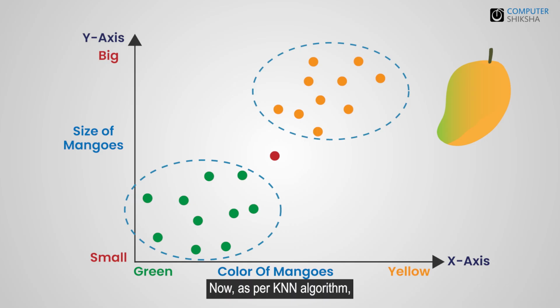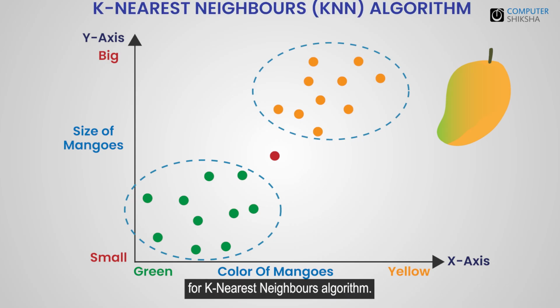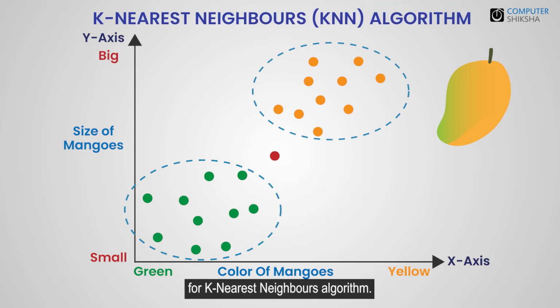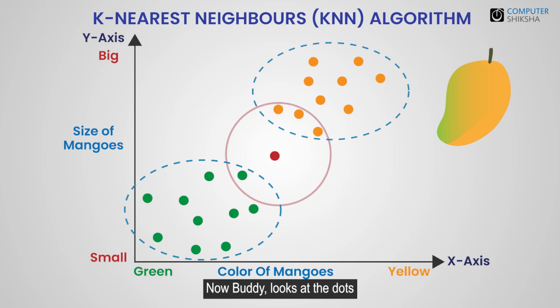Now, as per KNN algorithm, do you remember its full name? Don't worry, I know it is a little difficult to remember. KNN algorithm stands for k-nearest neighbors algorithm. Now Buddy looks at the dots closest to the new mango's dot.